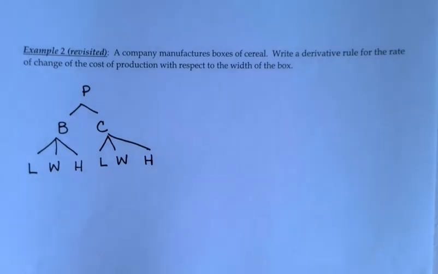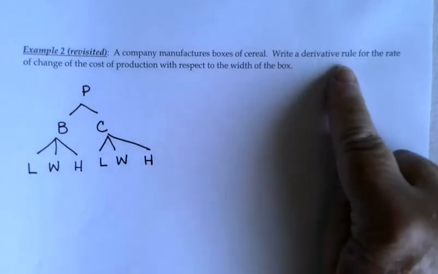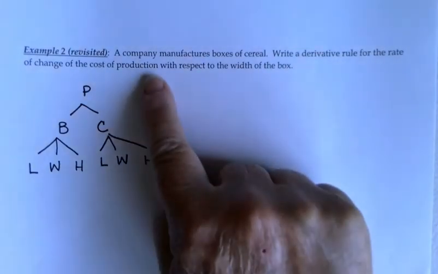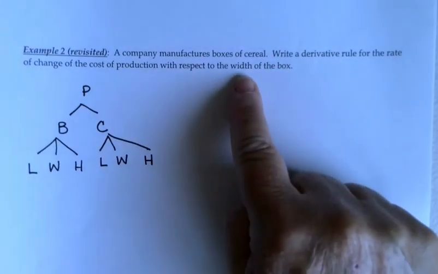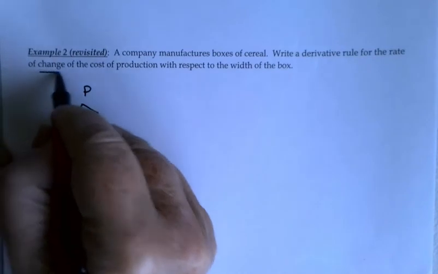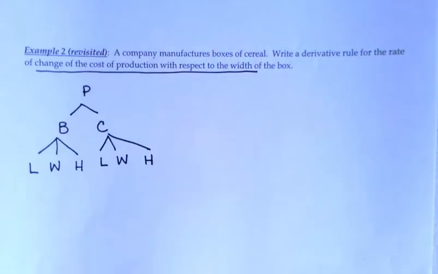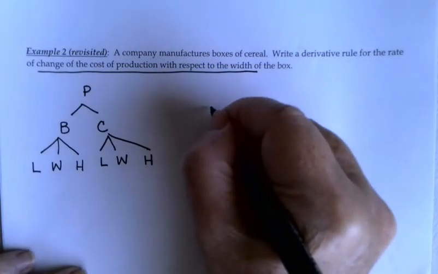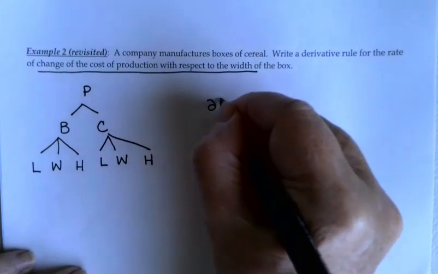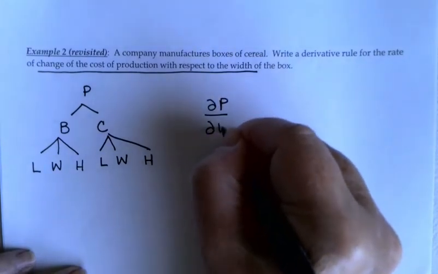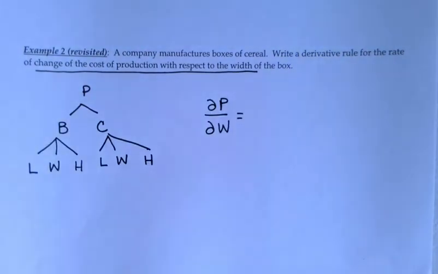So, right now we want a derivative rule for the rate of change of the cost of production with respect to the width of the box. So we're being asked to find the partial derivative of p with respect to w.